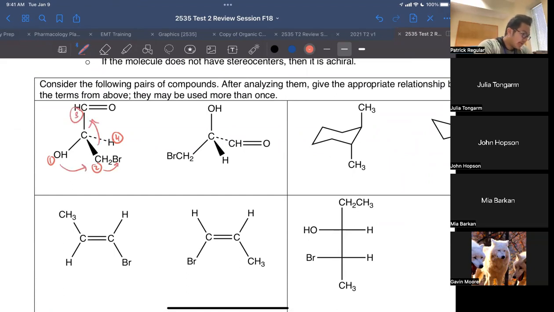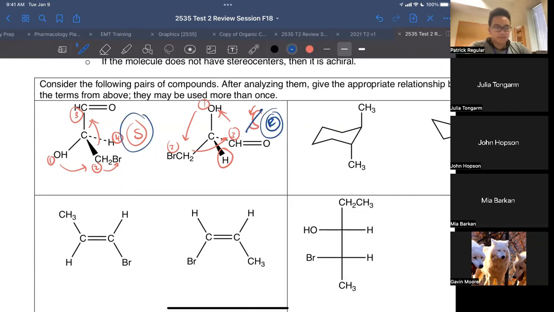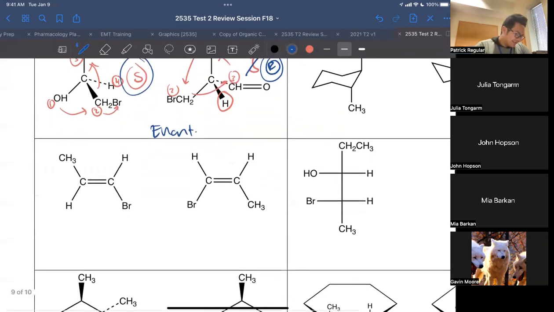That's going to be S. For this one, we have 1, 2, 3. This is going to be S. However, H is on a wedge, so we have to reverse it. R. S versus R, they're enantiomers. There's a complete reversal of all the stereochemistry, and there is because it's only one letter.